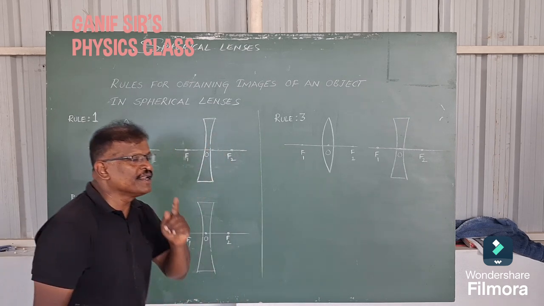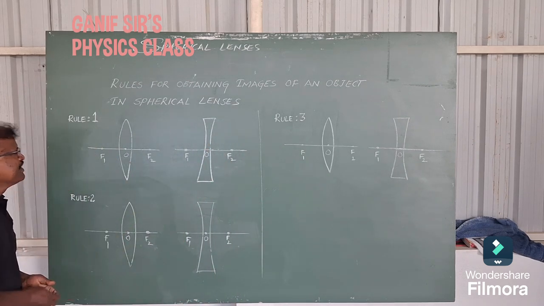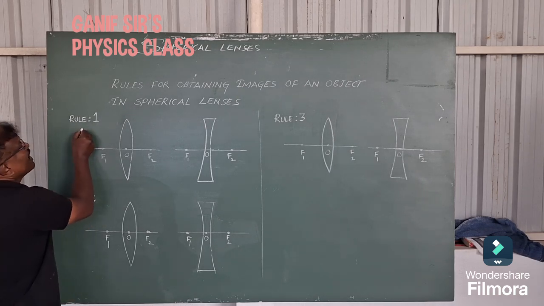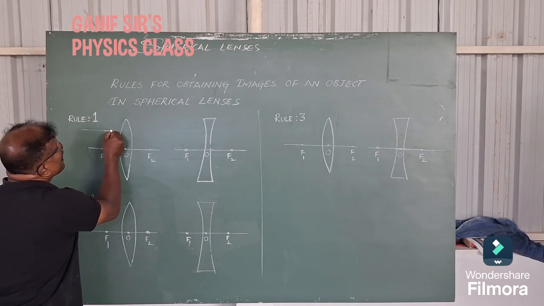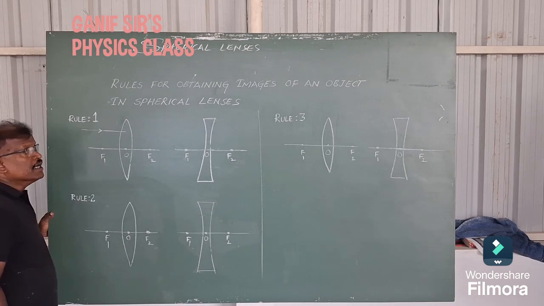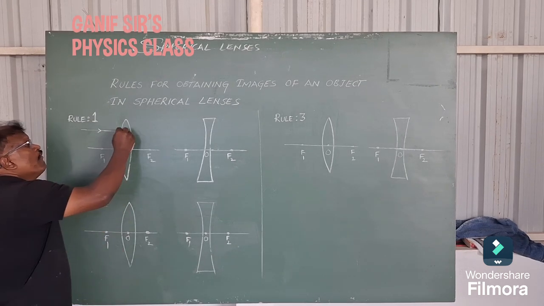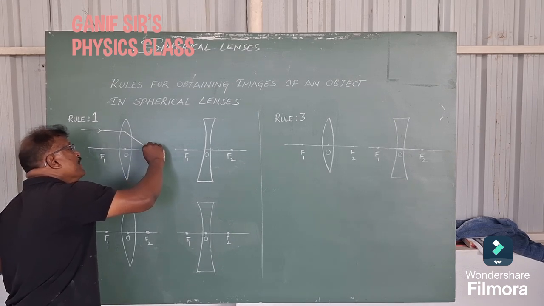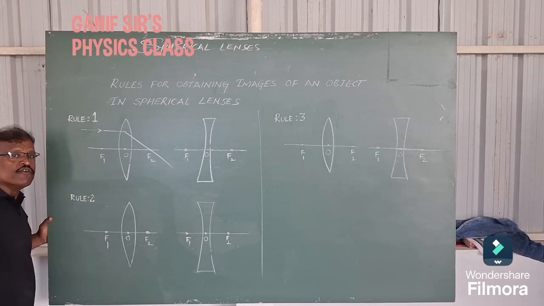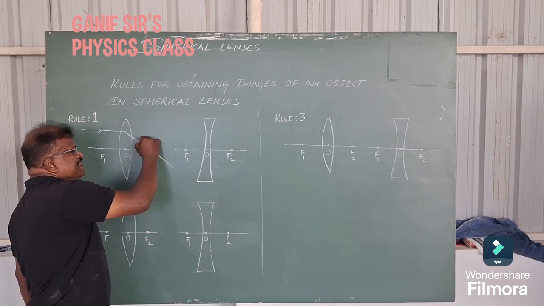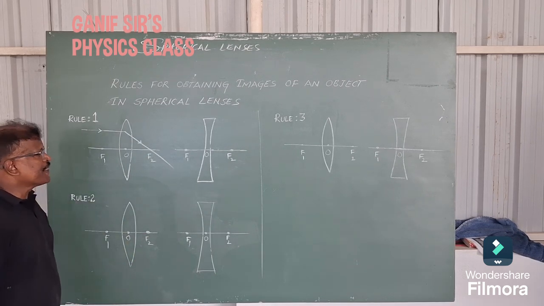Let's go one by one. The first rule states that when a ray moves parallel to principal axis and gets incident on the lens, after refraction it passes through one of the focus. This is the first rule that you already know.